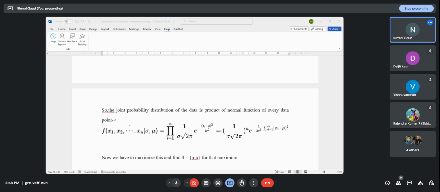Probability measures the occurrence of an event likely to happen. However, probability quantifies the likelihood. It gives a numerical answer for it.